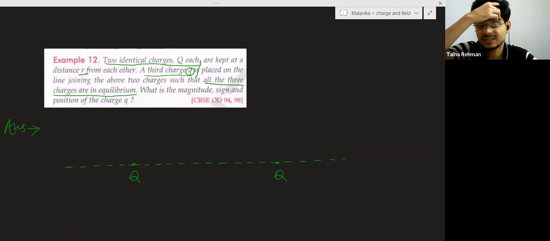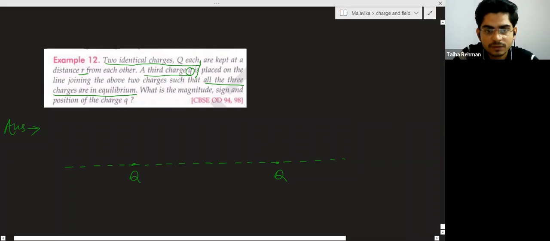So we should first choose the charge. Charge can be of two types. They are asking the sign. The sign of the charge, either the charge can be a positive charge, or the charge can be a negative charge.